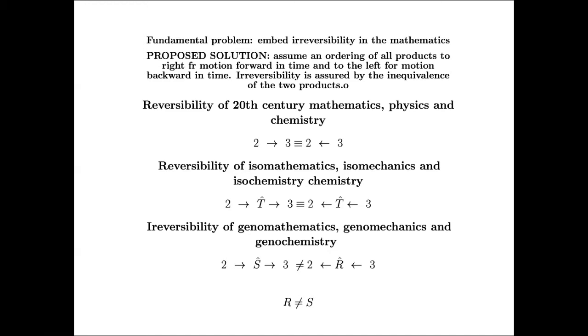For instance, let's recall from lecture 1 that isomathematics has permitted the achievement of a crucial property, namely the prediction of the same numerical value under the same condition, but at different times. A condition which is essential for consistent experimental verification.